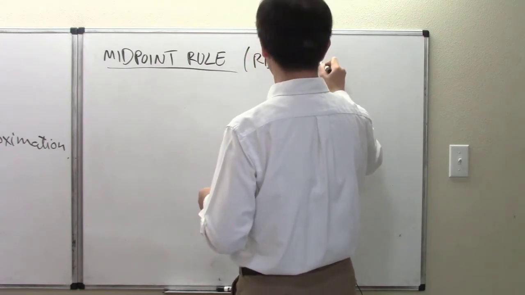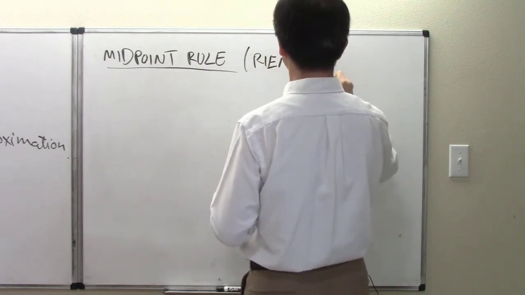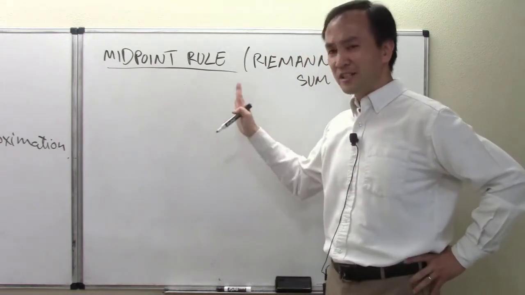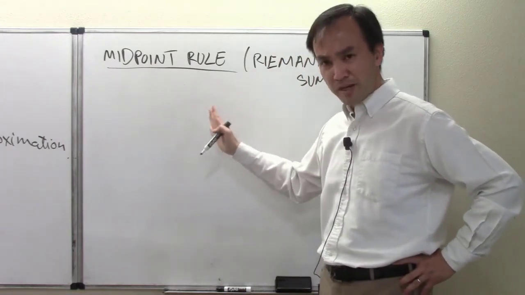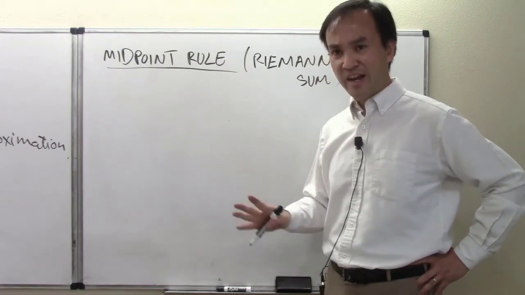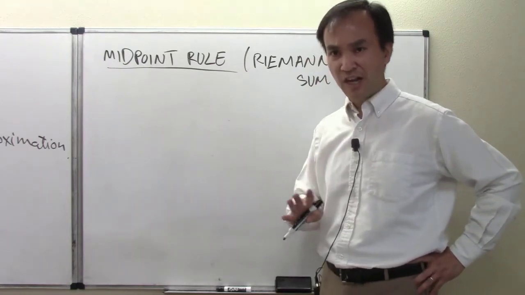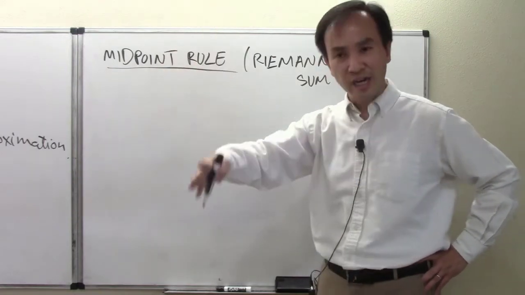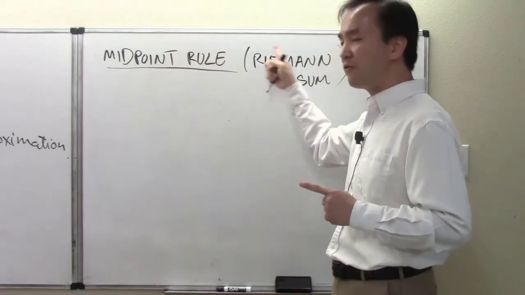It is a Riemann sum, but specifically we choose a midpoint. And for this particular approximation method, I have already delivered a detailed lecture on this, because I put this midpoint rule together with my lecture when I was going over all the Riemann sums.